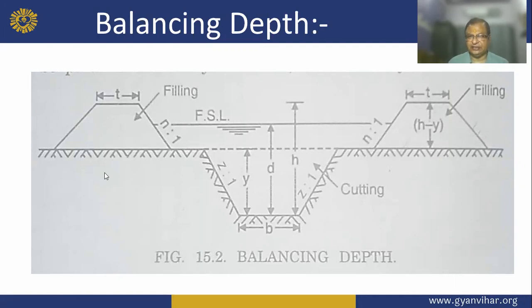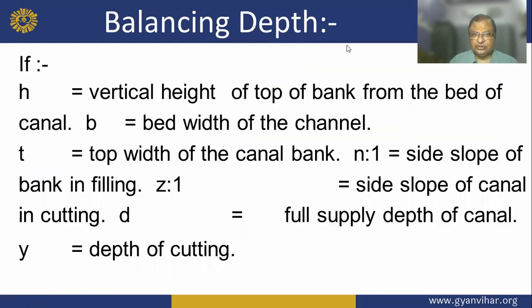You have read yesterday what partial cutting and partial filling are. So for balancing depth, H is equal to the vertical height of top bank from the bed of canal, B is equal to bed width of channel, and T is equal to top width of canal bank, and n:1 is the side slope of bank in filling, so it is less than 1.